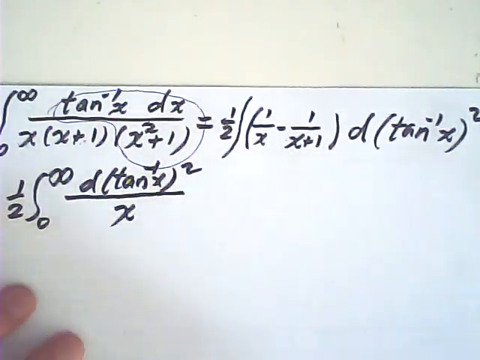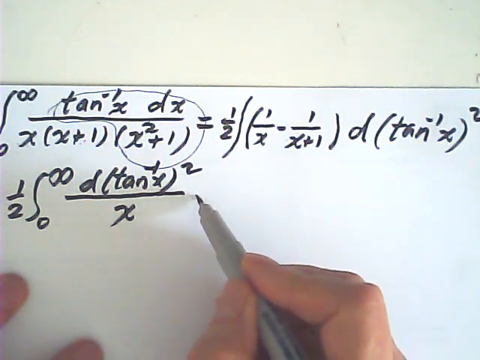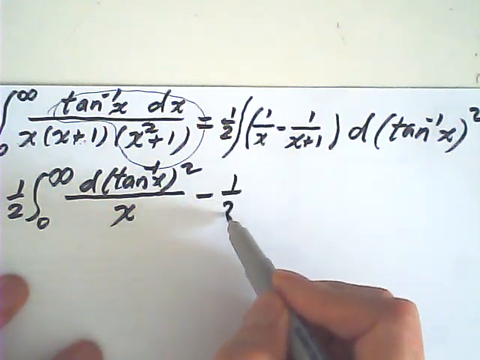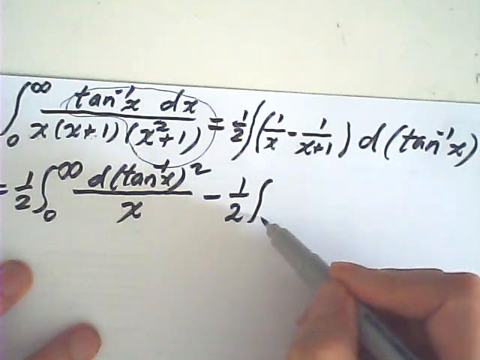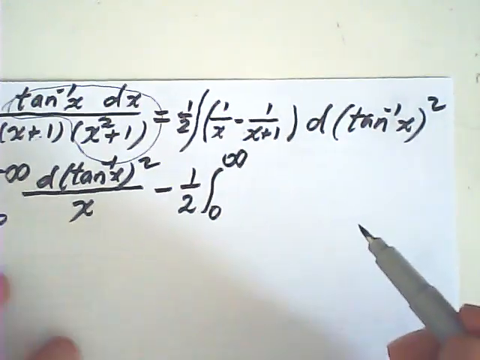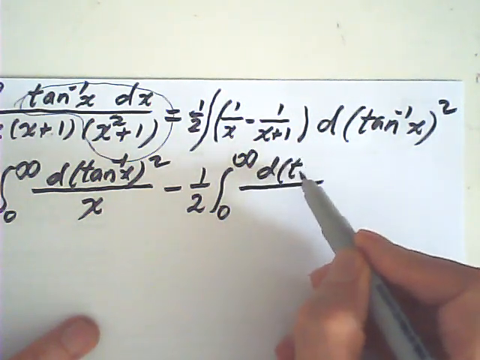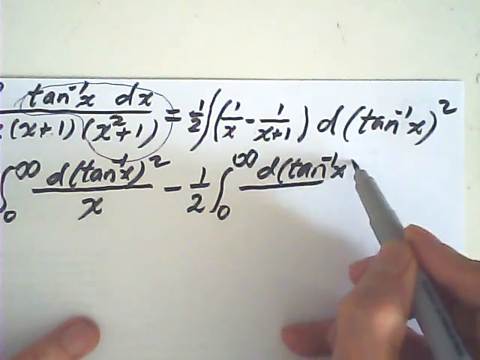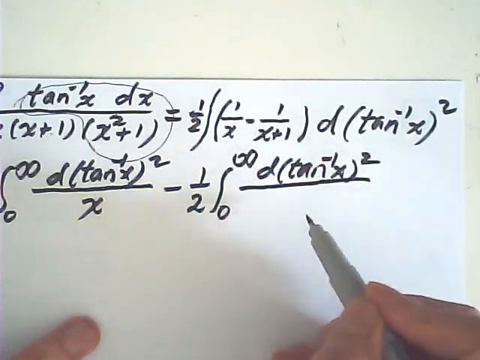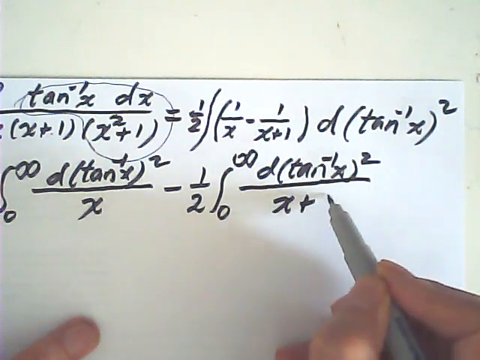Okay, that is the first part. The second part is 1/2 integral of d arctangent squared x over x plus 1.